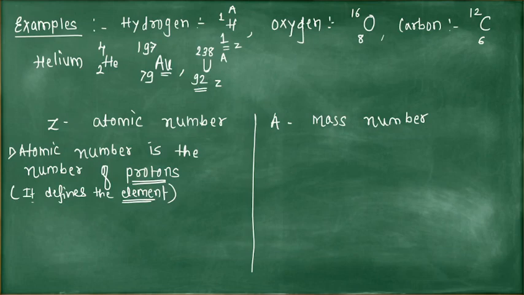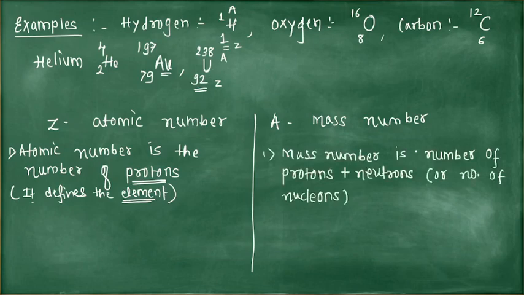And what is mass number? Mass number is the number of protons plus neutrons, together called nucleons. So A represents the number of nucleons. In this example, uranium 238 means protons plus neutrons number 238.